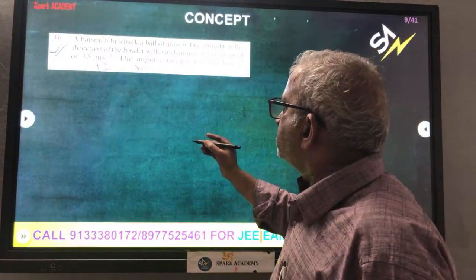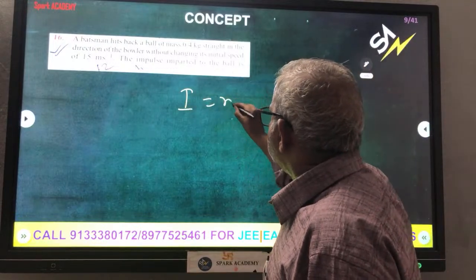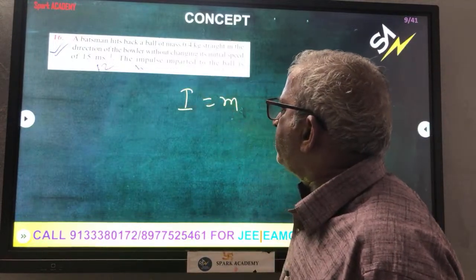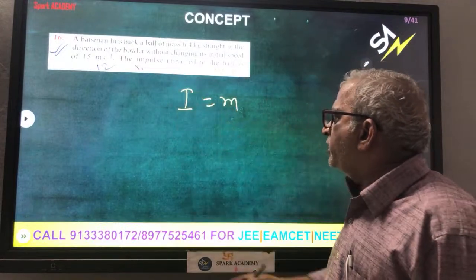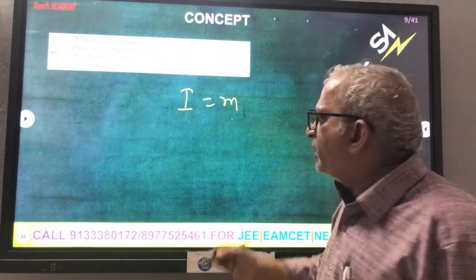Now what is impulse? Impulse is nothing but change in momentum. We have not been given the force or the time, but impulse units are newton second, and the units of change in momentum can also be newton second or kg meter per second.